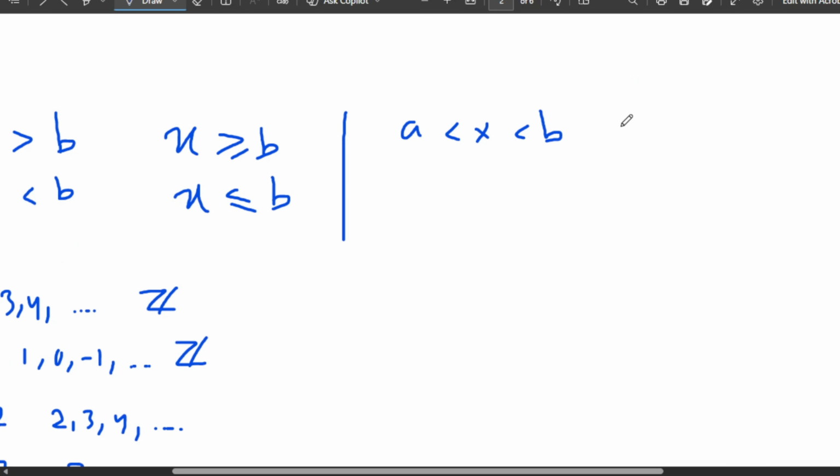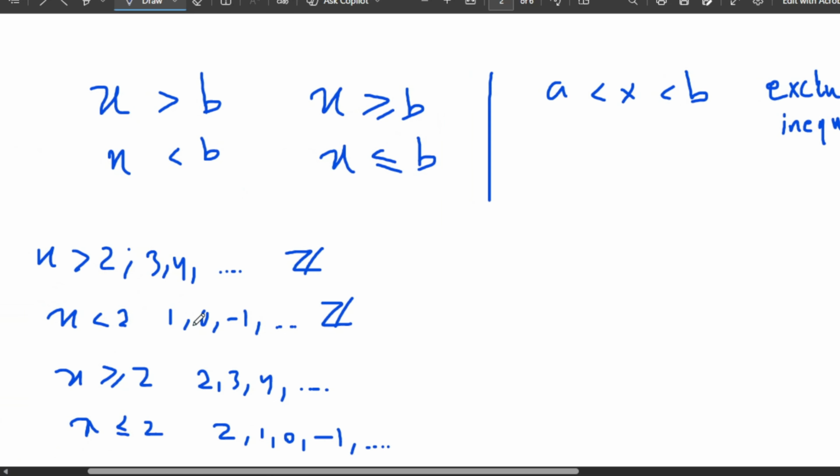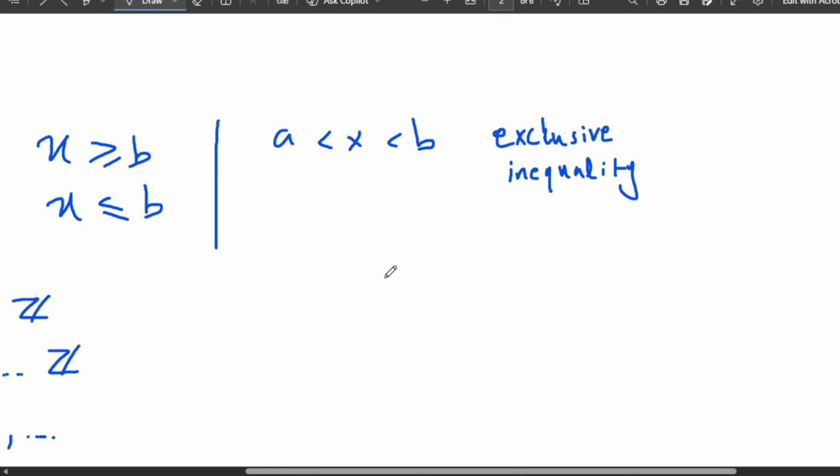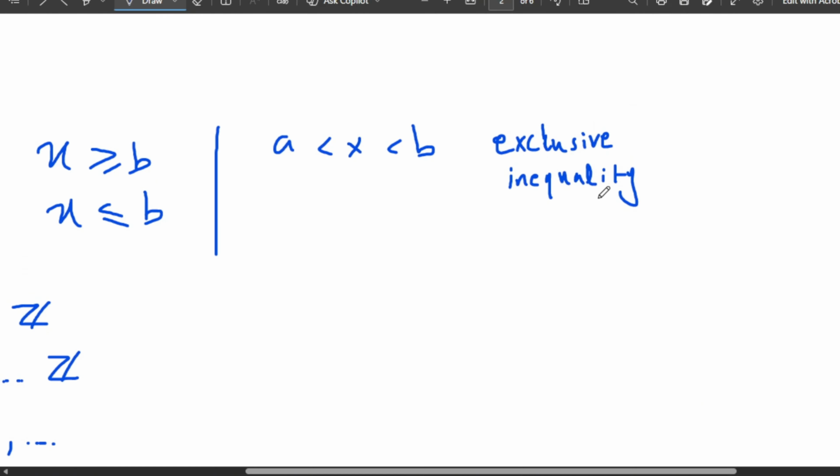This is called an exclusive inequality. That means the boundaries are not equal to x, so we're not going to write a in the so-called set, which is a group of numbers like this. So this is an exclusive inequality.